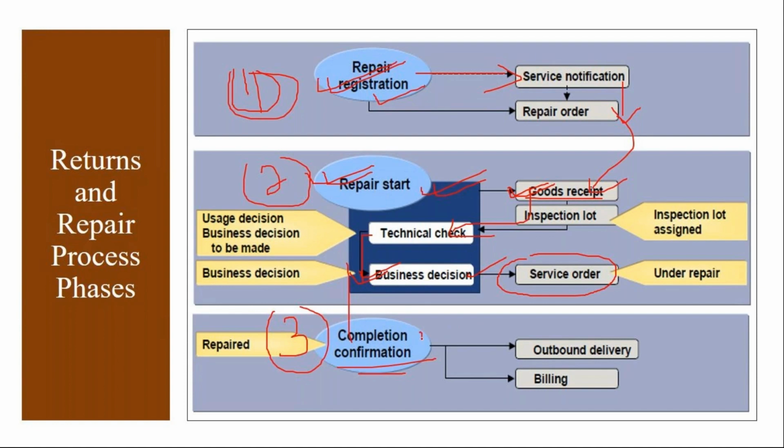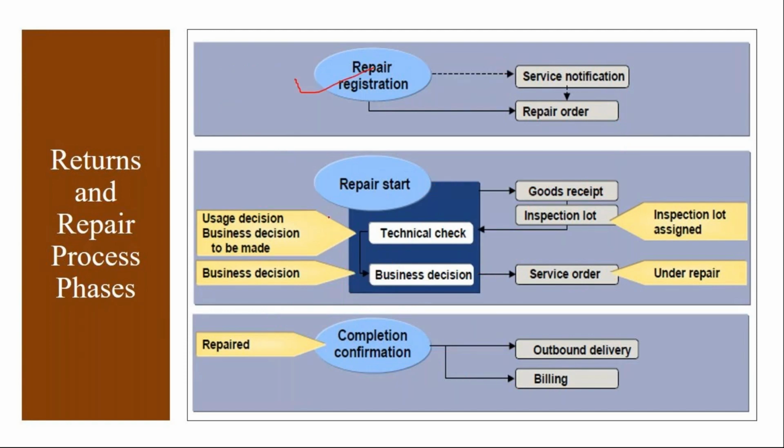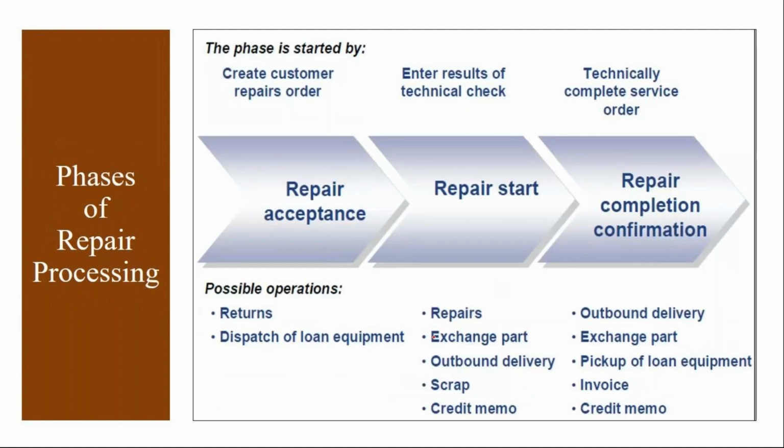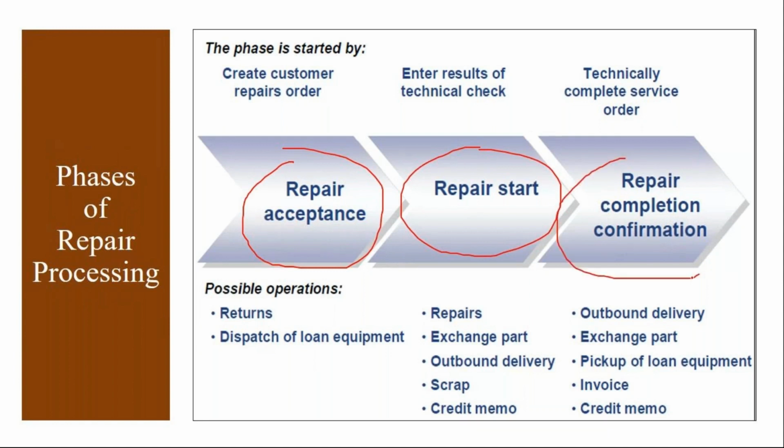So you confirm the service order, and then you do the outbound delivery. You return the product back to the customer. Outbound delivery followed by the bill. Okay, so these are the three phases: repair registration, repair start, and completion confirmation. Okay, so now we will see all these phases one by one. So these are the ones we just discussed: repair acceptance, repair start, repair completion and confirmation. Okay, so these three phases we will see one by one.